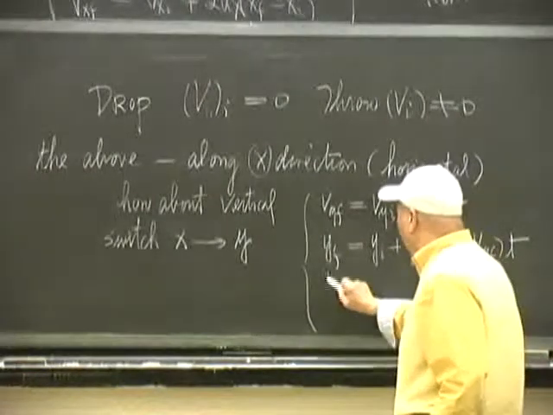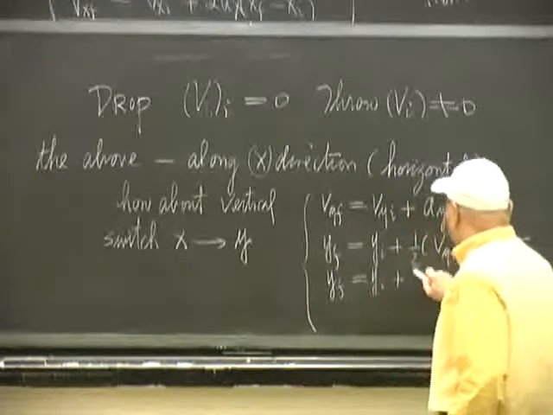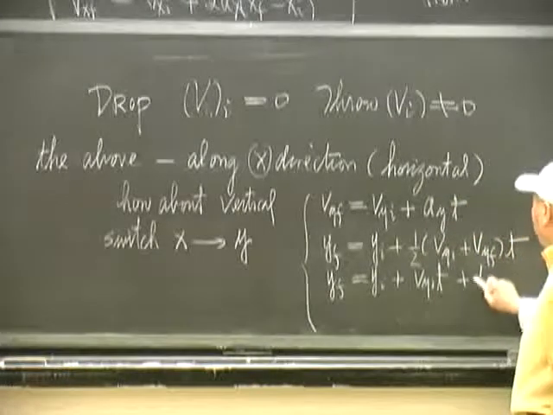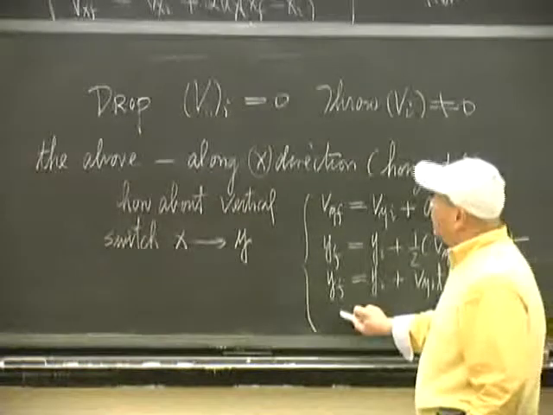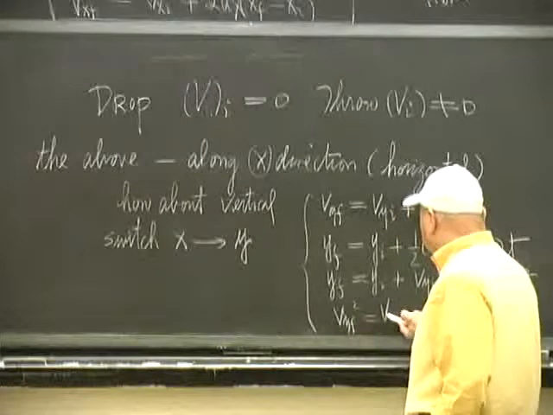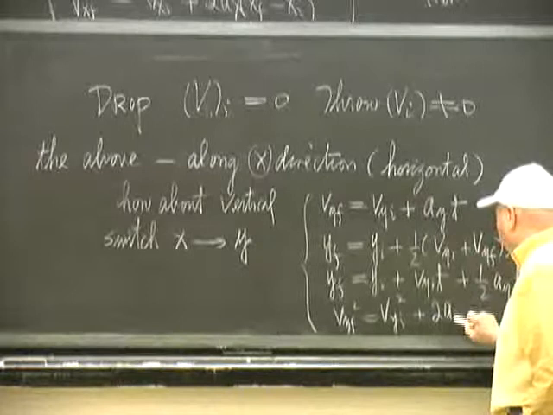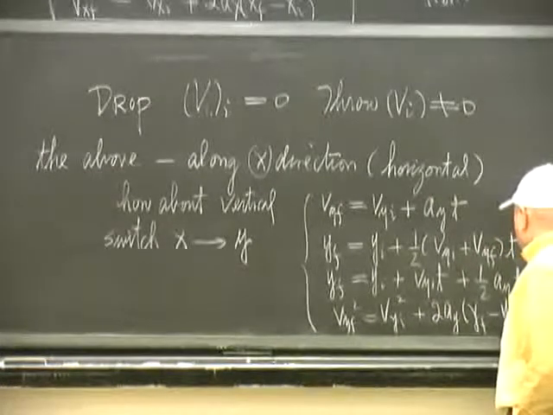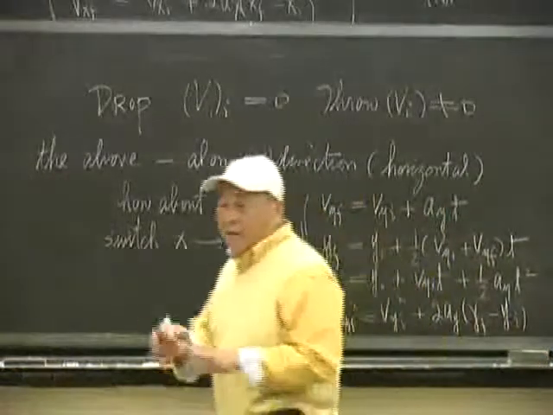And then y sub f equal to y sub i plus V y i times t plus 1/2 a y t squared. And then the next one is V y f squared equal to V y i squared plus 2 a y (y sub f minus y sub i). That's it.